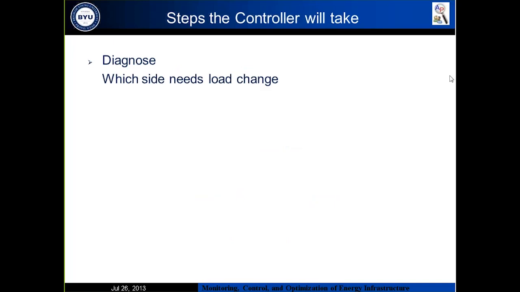The brain of our controller will work like this. First it should recognize the problem. For example, if it loses balance, the controller will determine which corner of the TLP platform needs higher load and which corner needs less load.